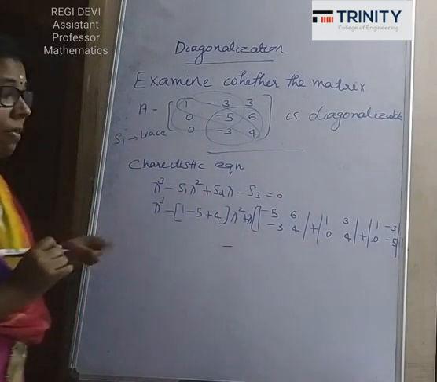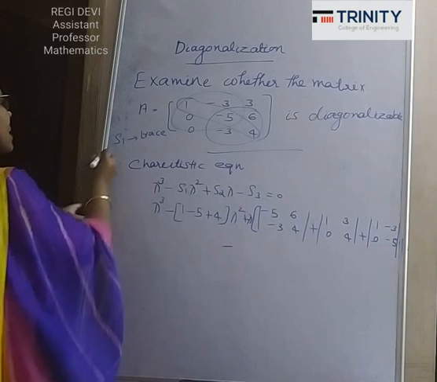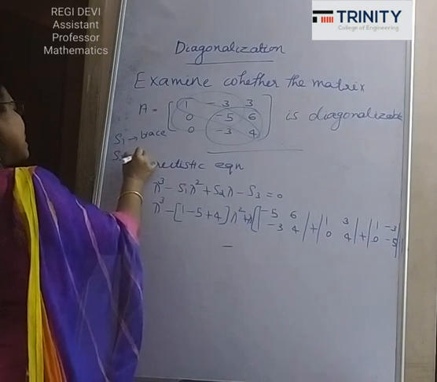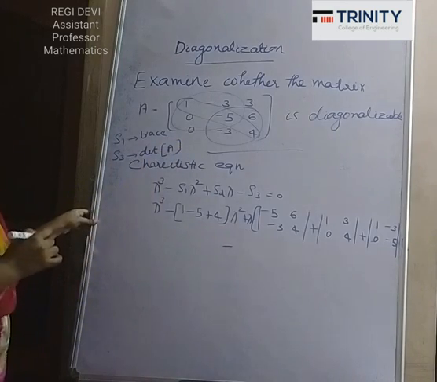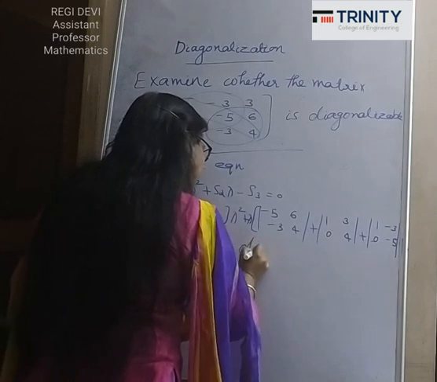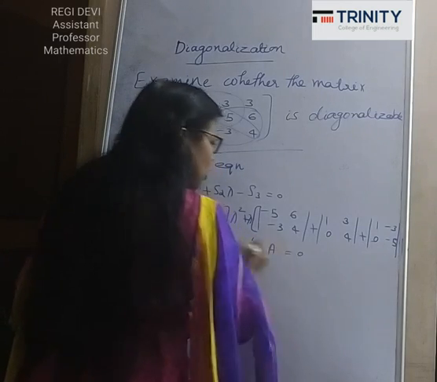Minus S3. What is S3? S3 is the determinant of A, equal to 0.